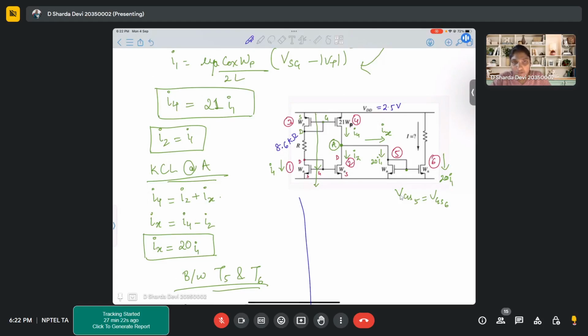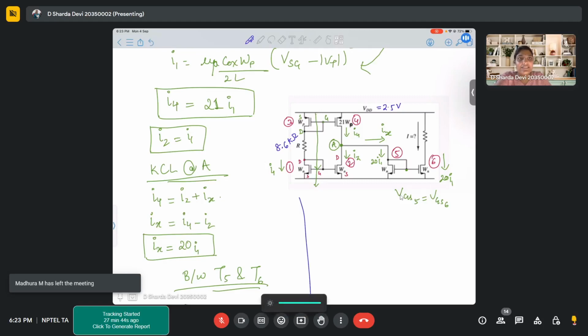I2 is flowing through your transistor 2. We found out that I4 was 21 times I1 and I2 was equal to I1. And there is another branch which is connected. So definitely a current will flow through that branch, right? We don't know what that current is. So we named it as Ix.